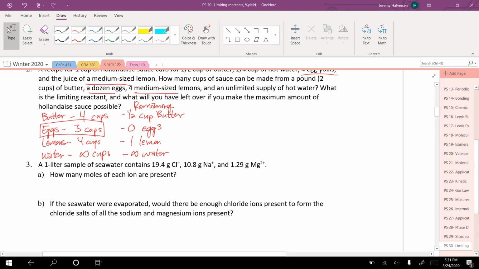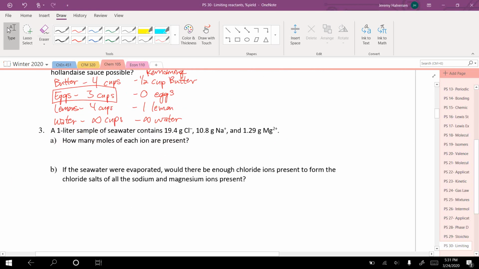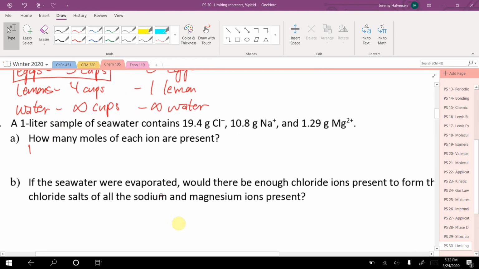All right. 1 liter of seawater. A 1 liter sample of seawater contains that much chloride, that much sodium, and that much magnesium. How many moles of each ion are present? Well, they give me grams of the ions, so let's get them to moles.